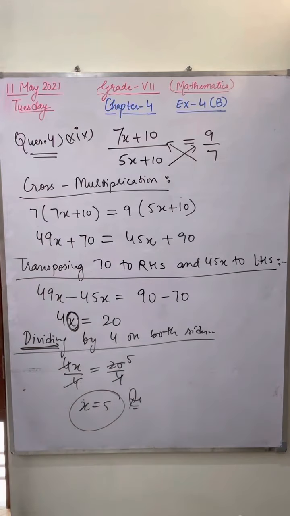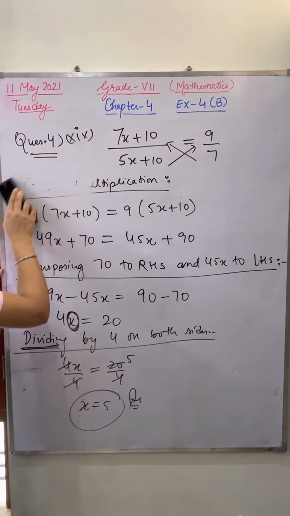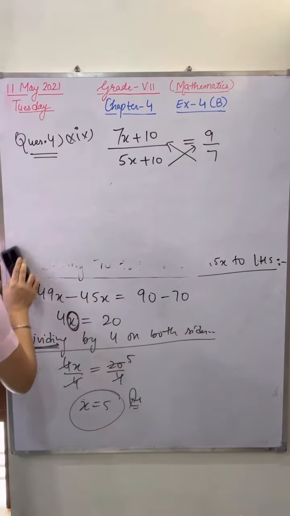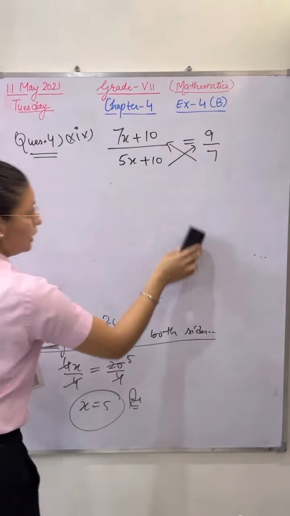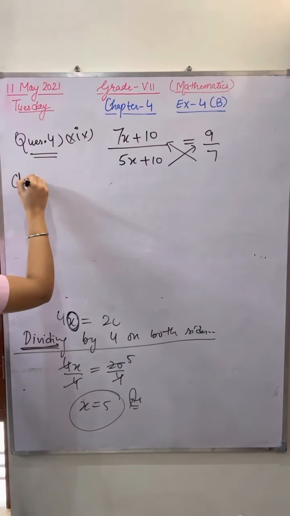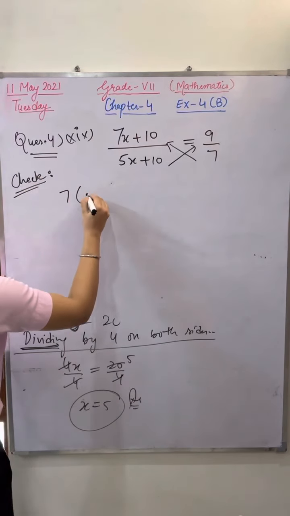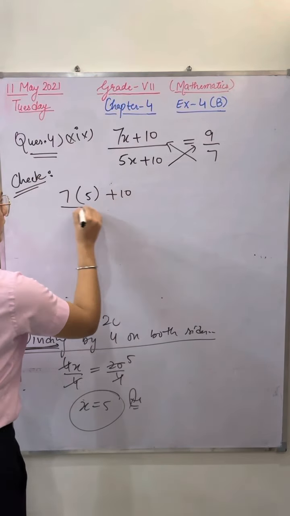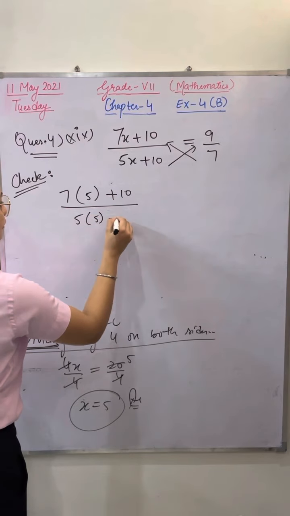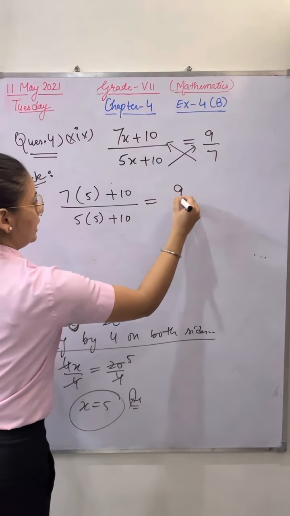Now you have to check your question. Put the value of x in the question and verify it. 7 multiplied by 5 plus 10 divided by 5 multiplied by 5 plus 10 equals 9 upon 7.